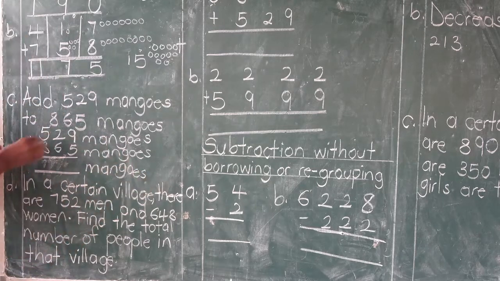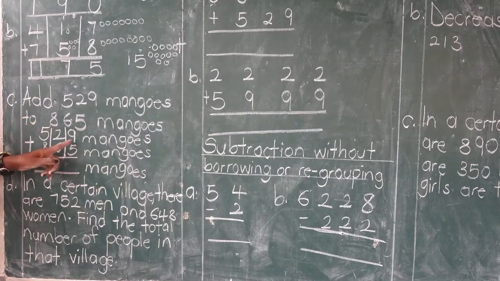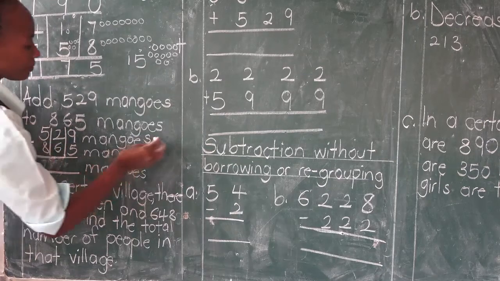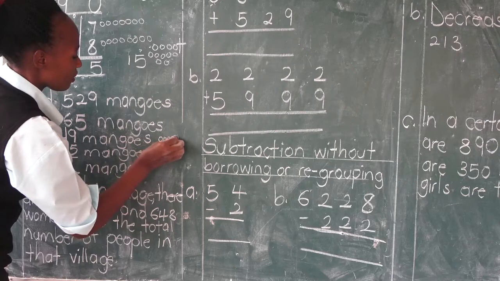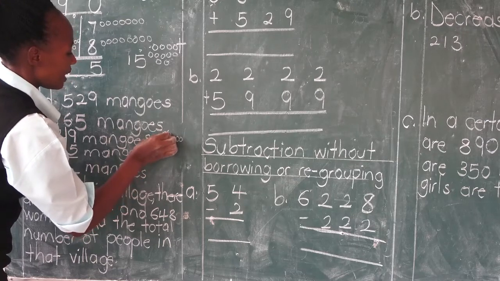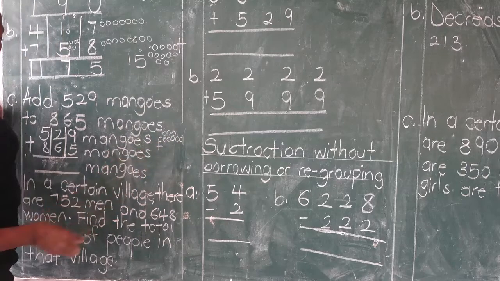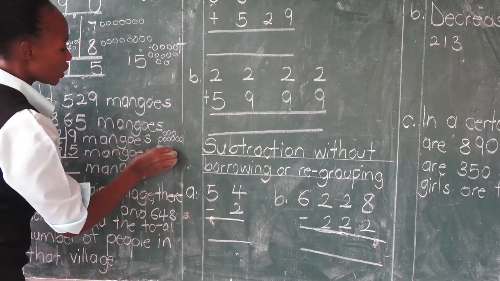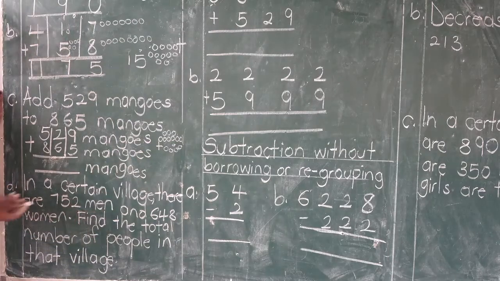Okay? Then we come to 1s, tens and hundreds, and we're going to start with 1s. Under 1s, we have 9 plus 5. Now let's put them together.